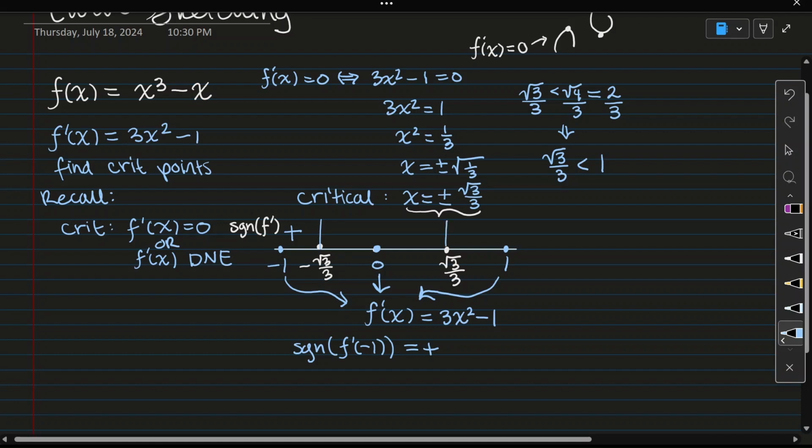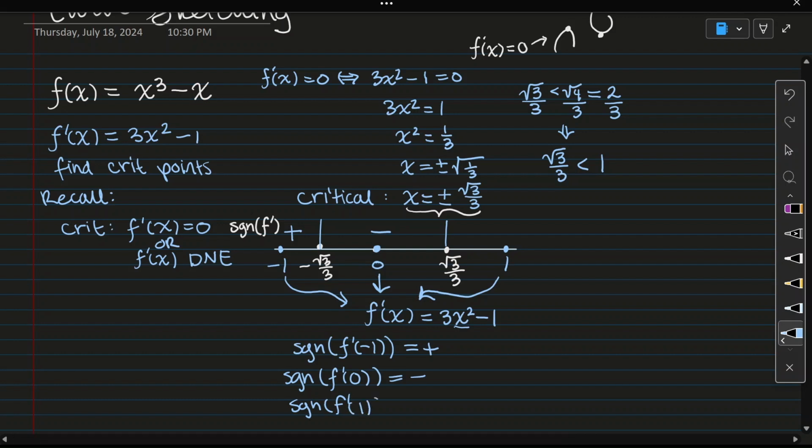Now I want to know the sign of f prime of 0. If I plug in 0 here, I get 3 times 0, which is 0, minus 1. I'm left with minus 1, which is negative. So I have negative here. Then I want to know the sign of f prime of 1.